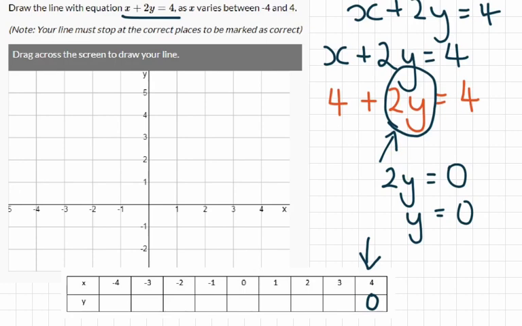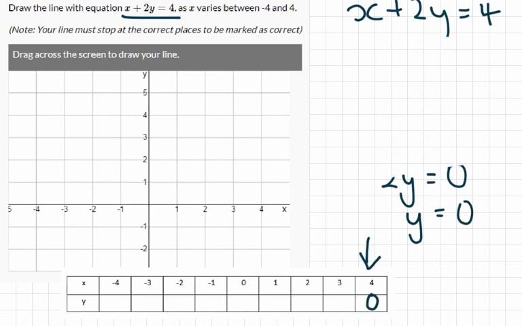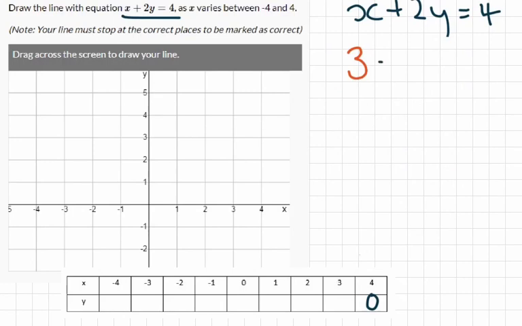Let's have a look at a substitution in another value. Just rub that out. And we'll substitute in another value. This time we're going to substitute in 3. So x is 3 this time. So 3 add 2y is 4. We think to ourselves, what do we add to 3 to get to 4?